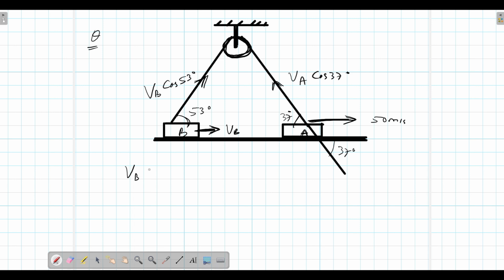So VB cos 53 equals to VA cos 37. So this is 50. So VB cos 53 equals to how much? Cos 53. This is right angle.